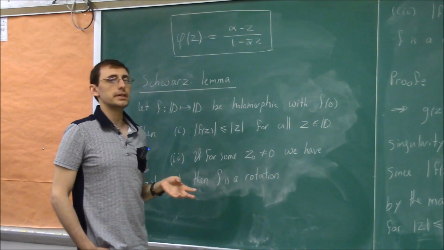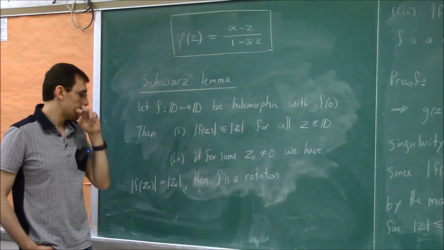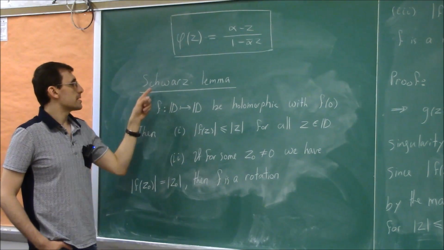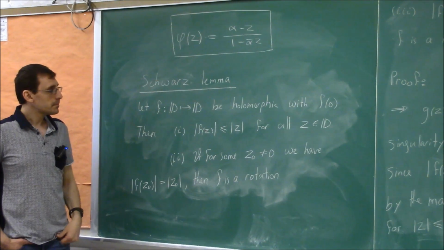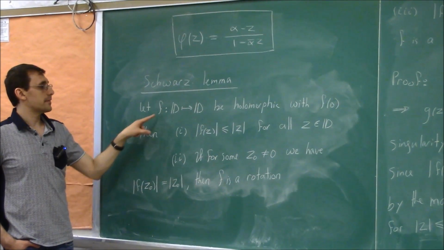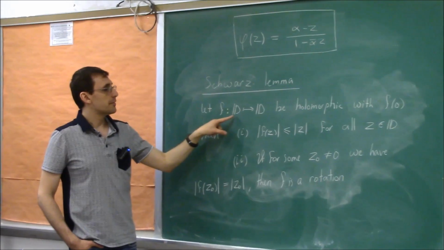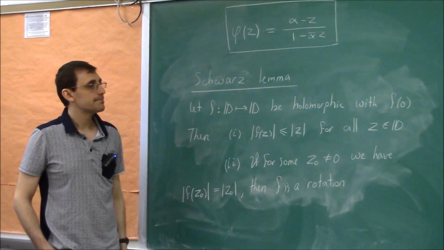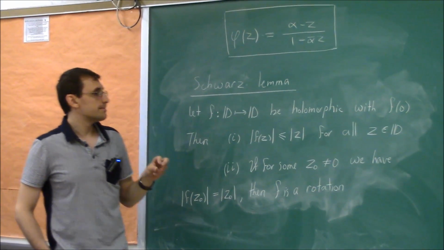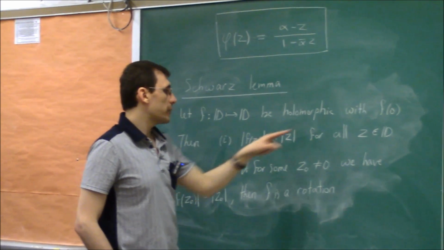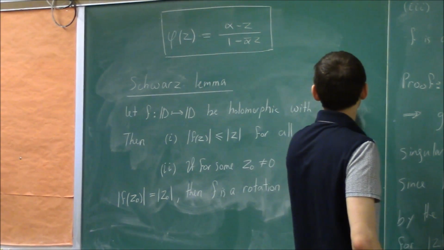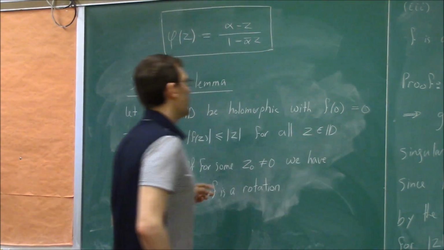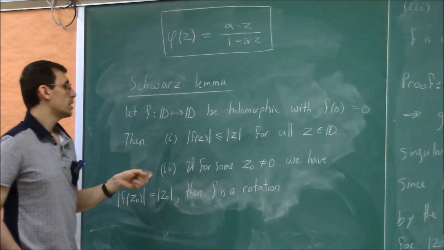But before we can begin describing those properties, we need a few results. This is a very important result called the Schwarz Lemma. The Schwarz Lemma tells us that if I have a holomorphic map from the disk to the disk, and f of 0 is equal to 0, then the following will be true.